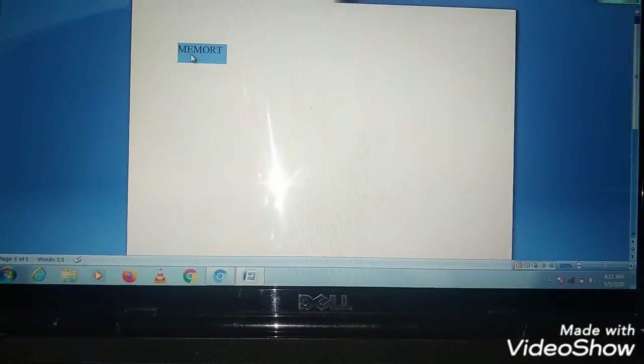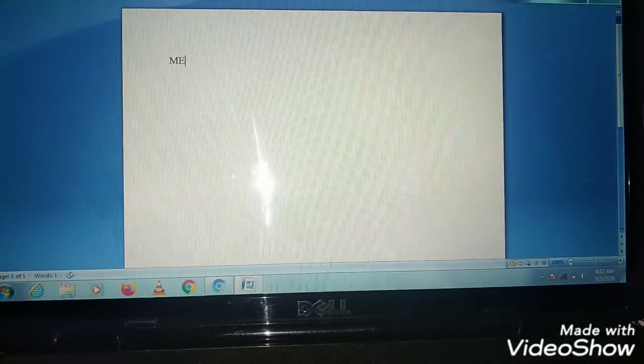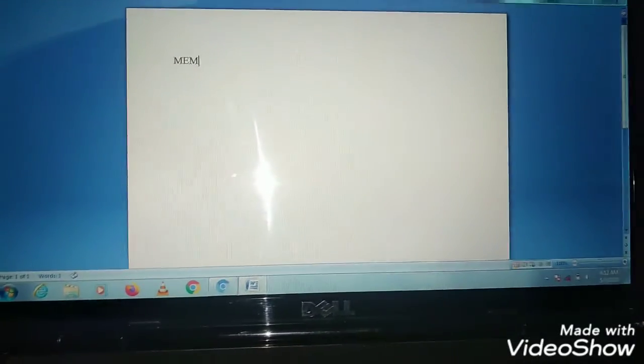Now students, focus on this word. We write the word memory. You can see on the monitor we are writing in uppercase.